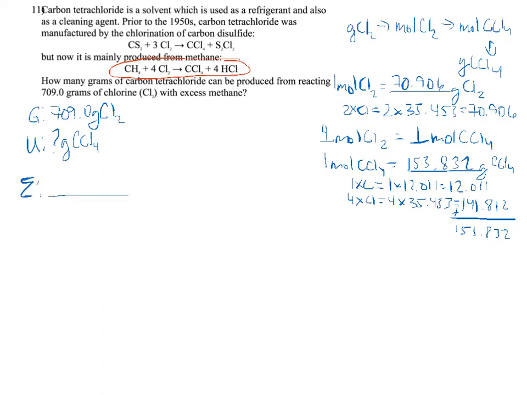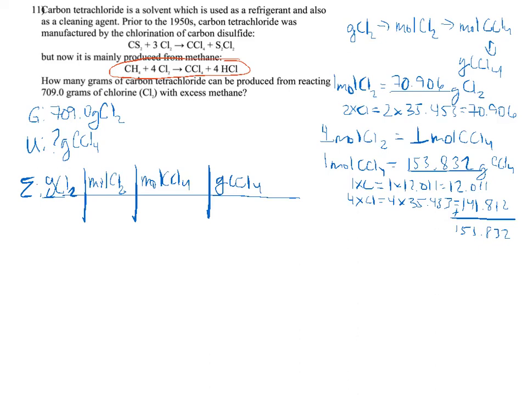Alright, so now our equation. We have a 3-step on this one. This is as big as it gets so far. So we are going from grams of chlorine into moles of chlorine into moles of carbon tetrachloride into grams of carbon tetrachloride, CCl4.